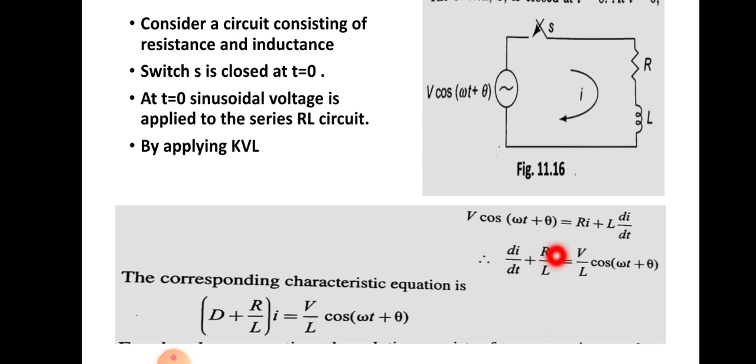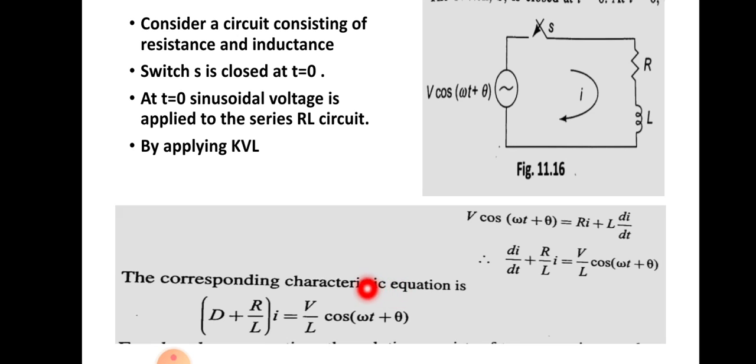I is the unknown quantity, the current, that we have to find. So the equation corresponding to this series RL circuit with sinusoidal input is (D + R/L) I equals V/L cos(ωt + θ).